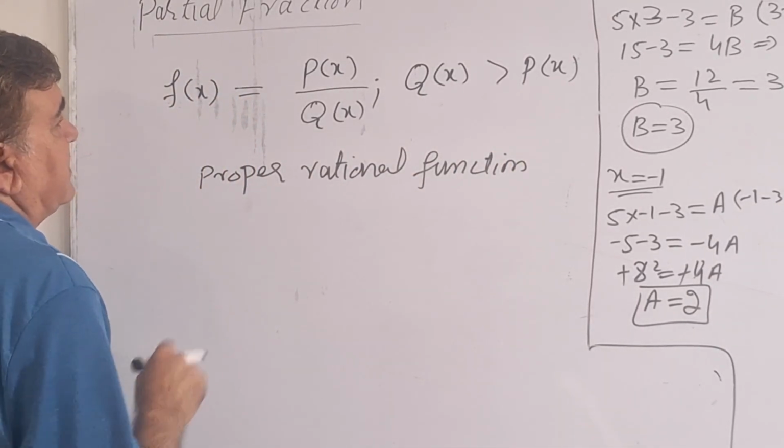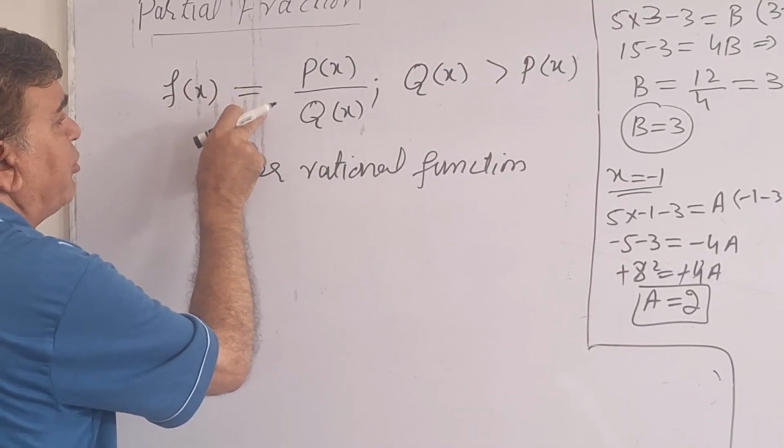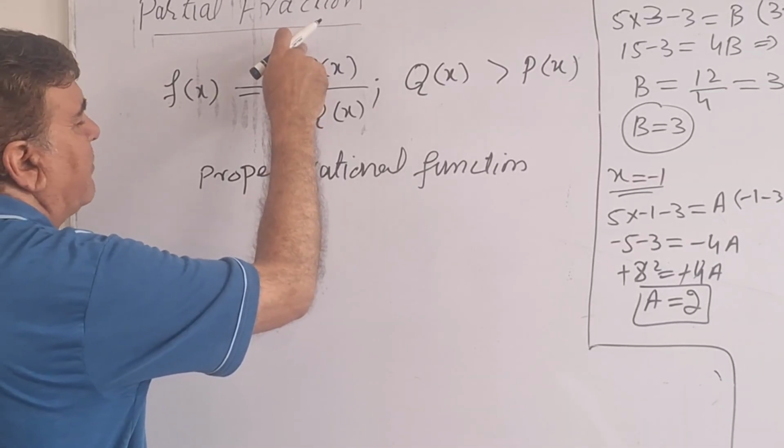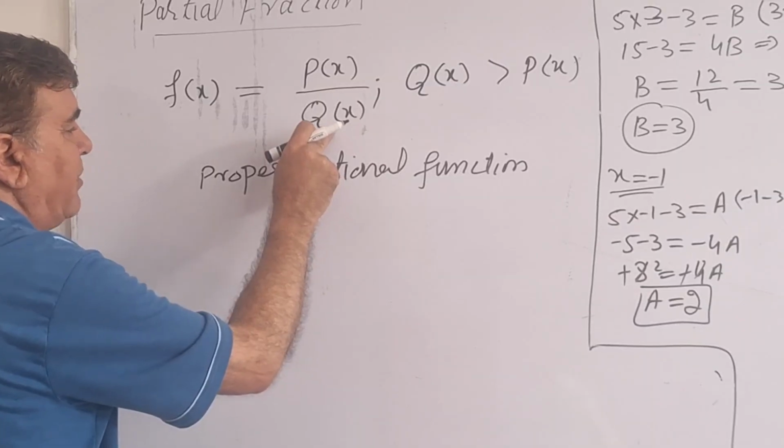However, if that's not the case, the rational function is improper, for which the degree of the polynomial in the numerator is greater than the degree of the polynomial in the denominator.